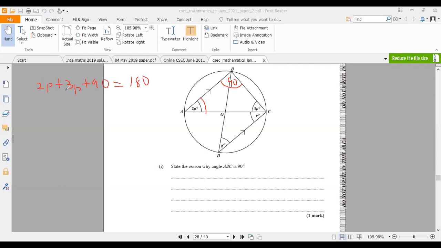Now 2P plus 3P gives me 5P, plus 90 is equal to 180. Work it out, you get 5P is equal to 180 minus 90.